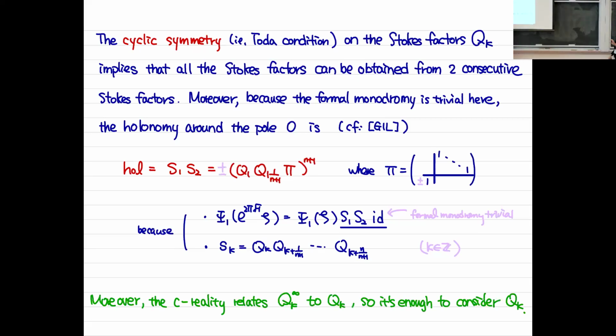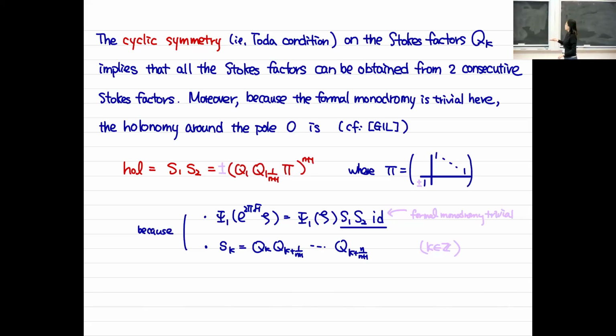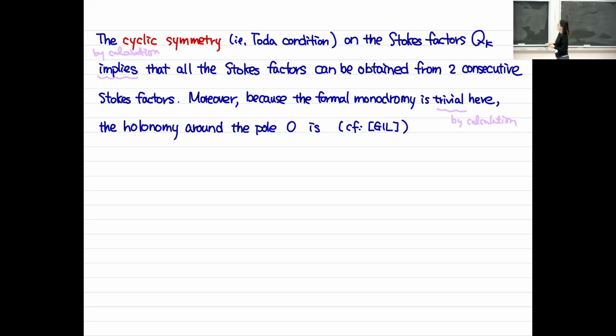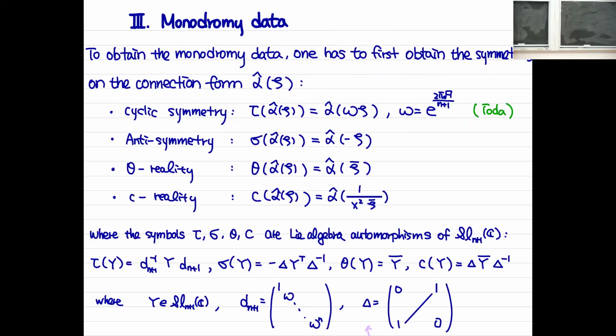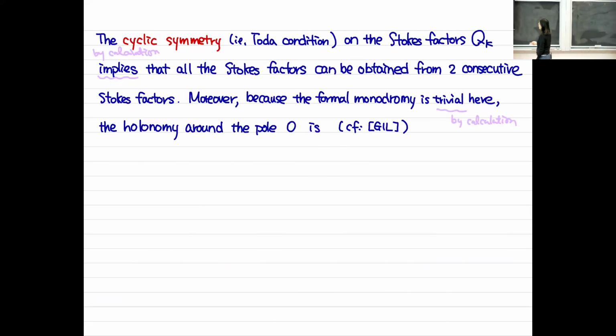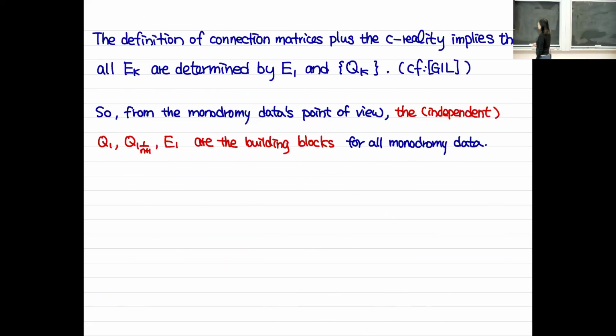And the reality condition relates the Stokes data at infinity to 0. As you can see, the reality condition here, this is zeta, this is 1 over zeta bar. So it gives you this hint that there should be some kind of a relation between 0 and infinity, okay? And indeed, it tells you all those things.